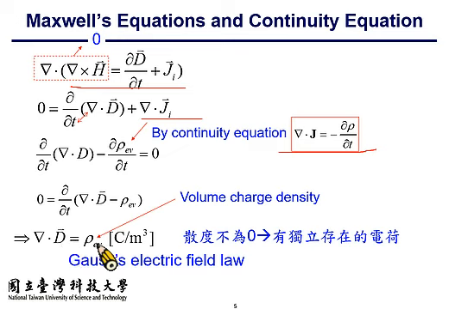It says if you have a standalone electrical charge, then at that point the divergence of electrical flux density must be non-zero, which means you can have a standalone electrical charge, and this is also referred to as the Gauss's law of electrical field.